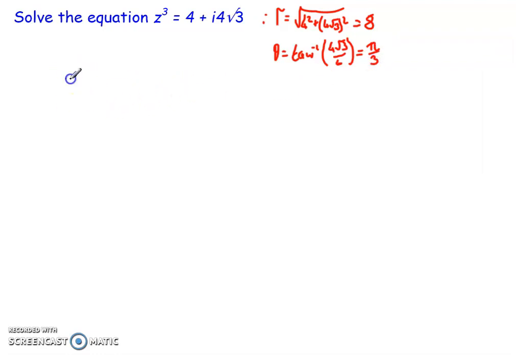So then my generalized set of solutions for this one is going to be z equals 8 cos of pi over 3 plus 2k pi plus I sine of pi over 3 plus 2k pi.